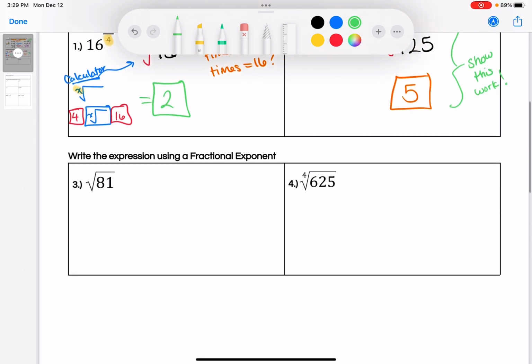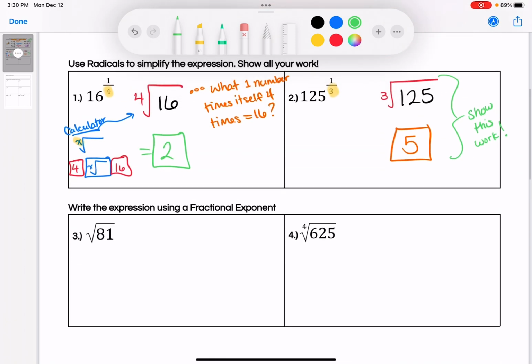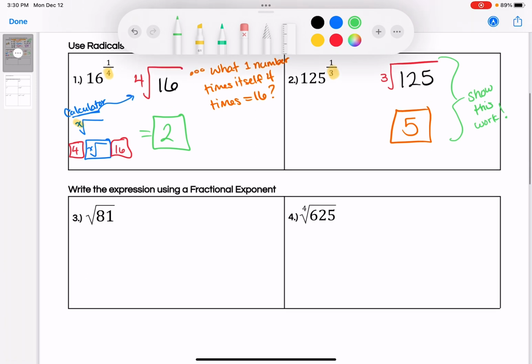Okay? All right, so that was if I go from my fractional exponent to my root. What if I go the other way? For these two, I just am giving you the root. How could you write that as a fractional exponent? Remember, if I have just a square root of 81, remember what invisible degree this is. This is the invisible 2, right? So that means this would be 81 to the 1/2 power.